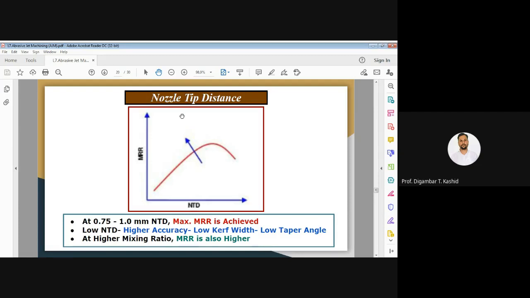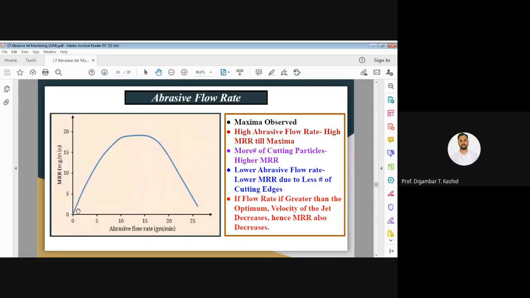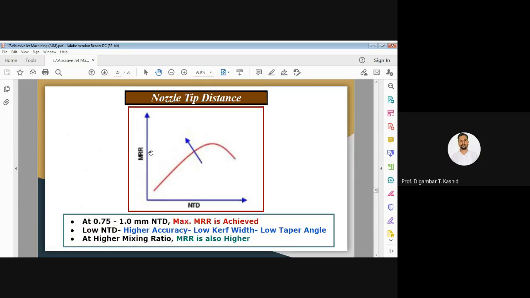Now here we can see the effect of the nozzle tip distance on the volumetric material removal rate, that means the VMRR. It has more or less the same trend, the same nature as in the previous slide. You can see the previous trend of the graph was like this, so a similar trend is also here.